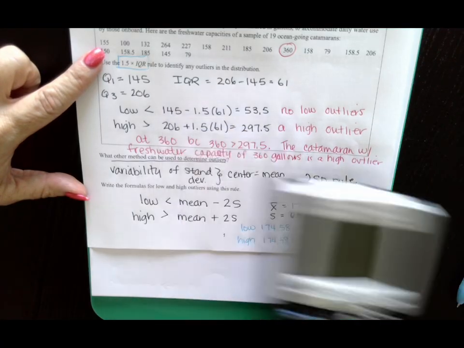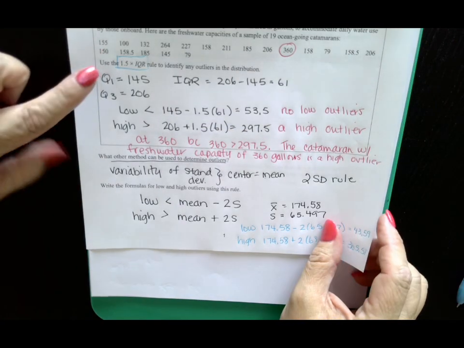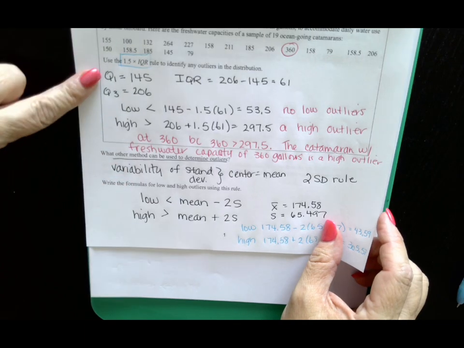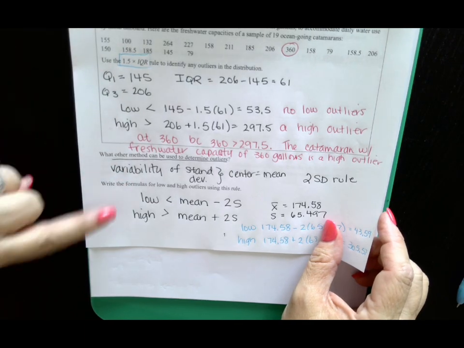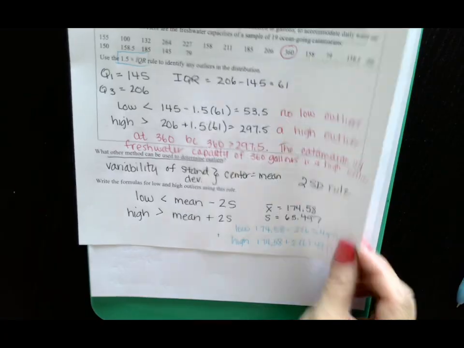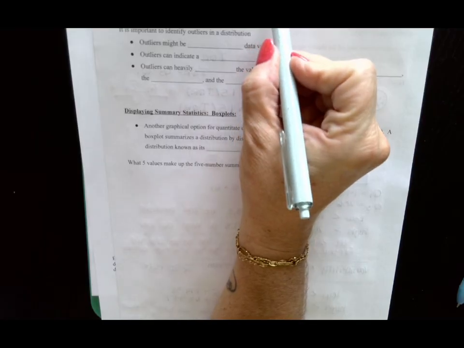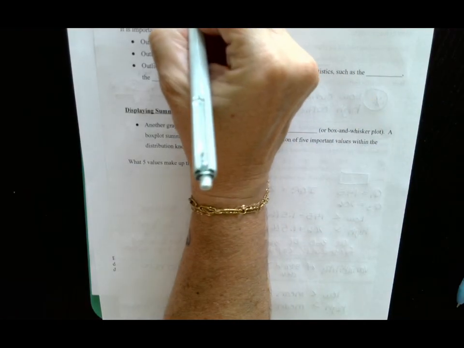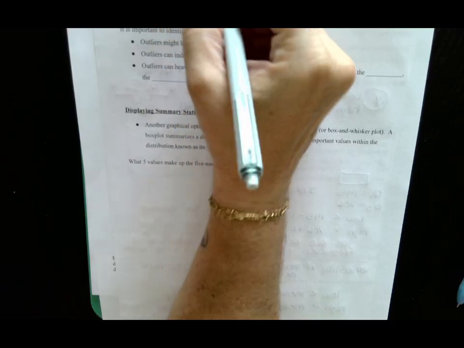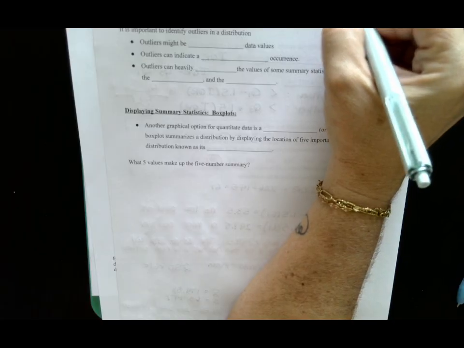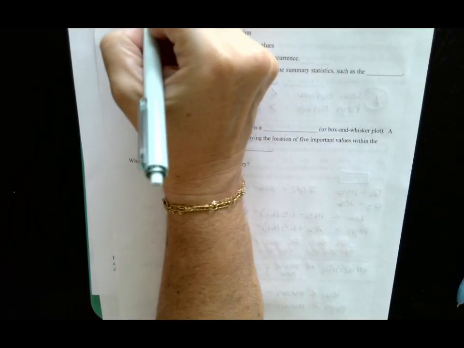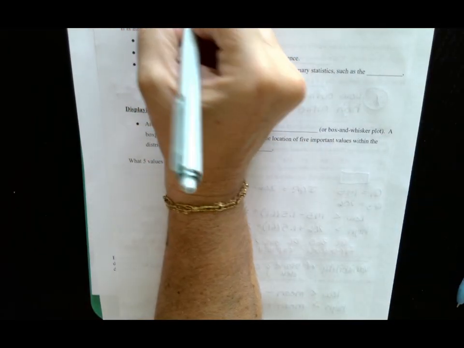Again, that's why looking at the shape is super important, so we know if we're using median and IQR or mean and standard deviation. Okay, let's keep going. Unless otherwise indicated, use the IQR rule to identify outliers because it's based on statistics that are resistant to extreme values, unlike the mean and standard deviation.